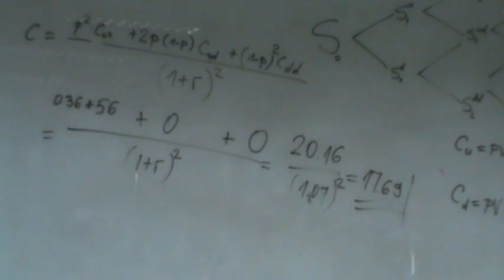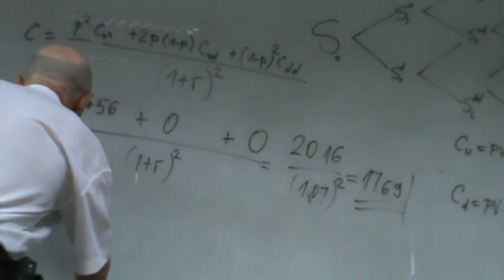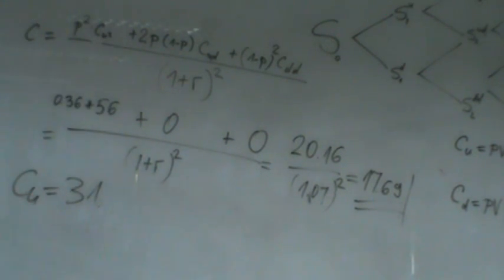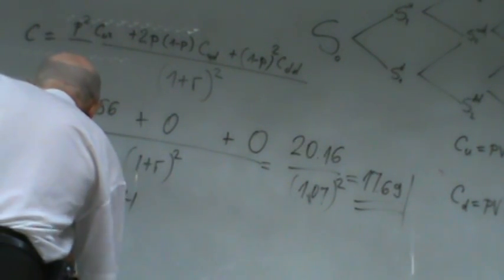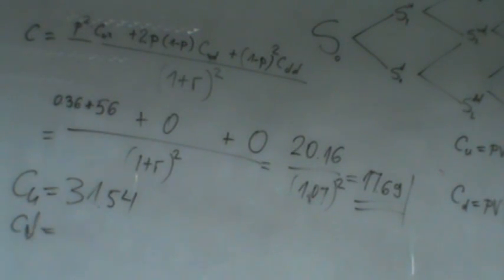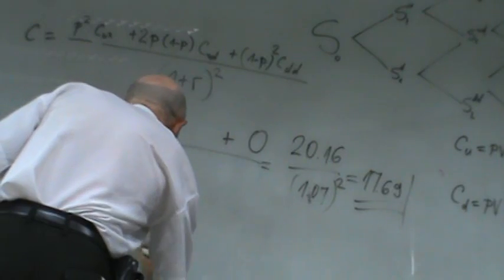I got CU equals 31.54, CD equals, of course, 0.